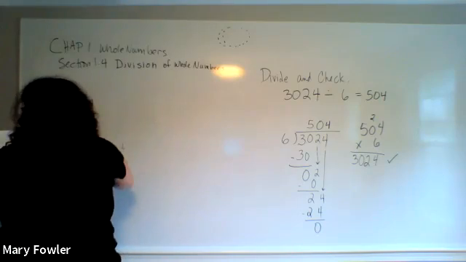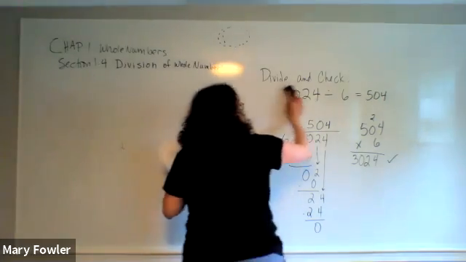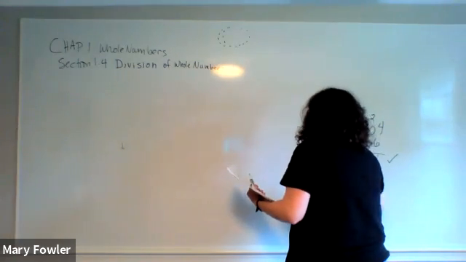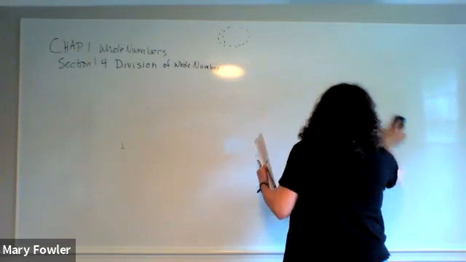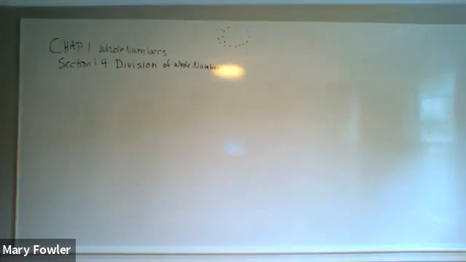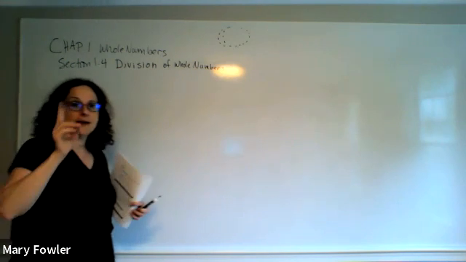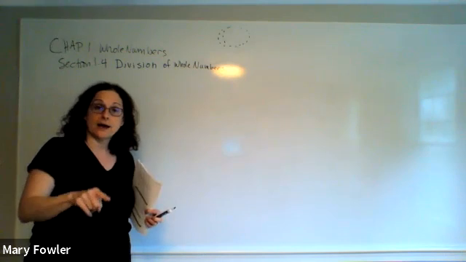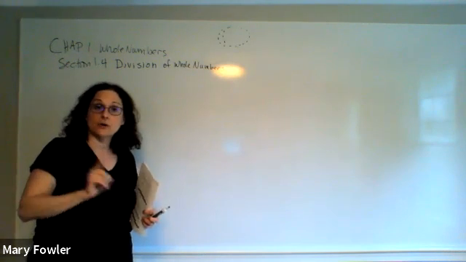Okay, the next problem up is 49,021 divided by 7. And I'm going to use a different notation for division. I'm going to use the fraction bar notation for division. Remember, in multiplication, we had a dot or multiplication sign. And in division, we have either the division sign or the fraction bar.